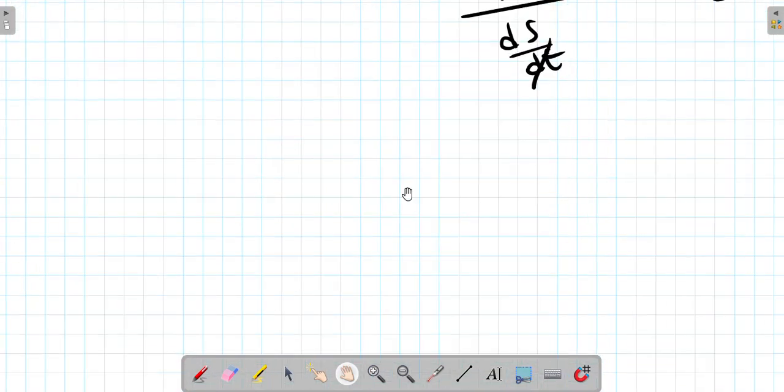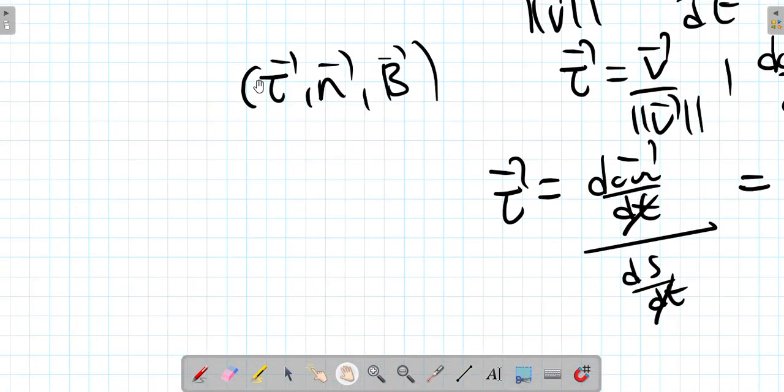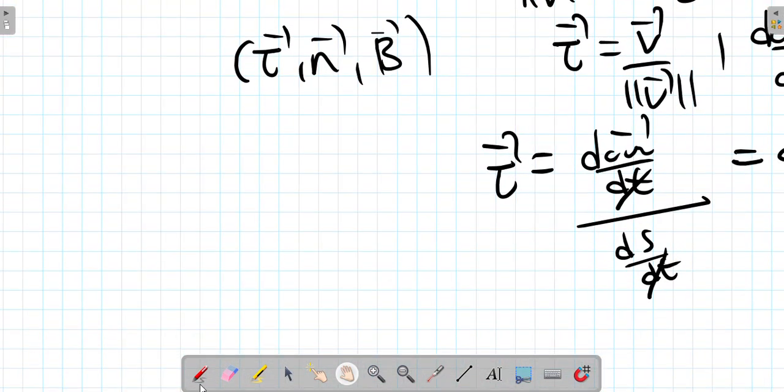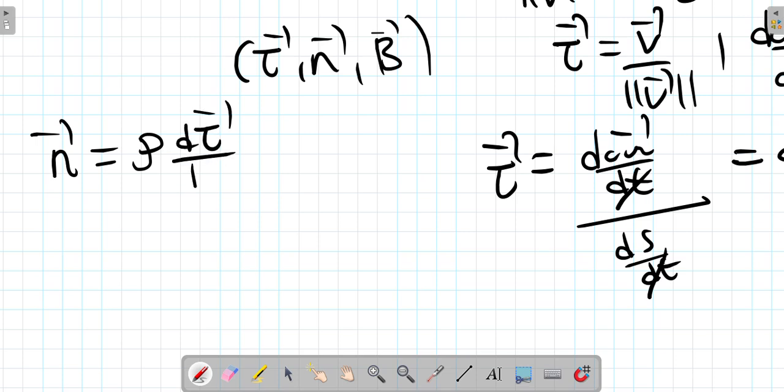Now we've only defined one vector, which is tau. Let us also define the normal vector. The normal vector is given by the radius R, or some books will use rho, this is the radius, times dtau over ds.